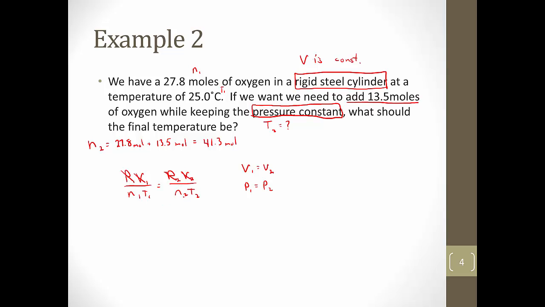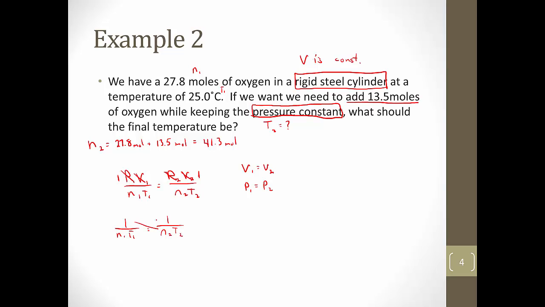Now, some people make the mistake of just saying N1 T1 is equal to N2 T2, but it's actually 1 over this. So really it's 1 over N1 T1 is equal to 1 over N2 T2. And here I want to solve for T2. I think the easiest way to do this is to cross multiply and divide.